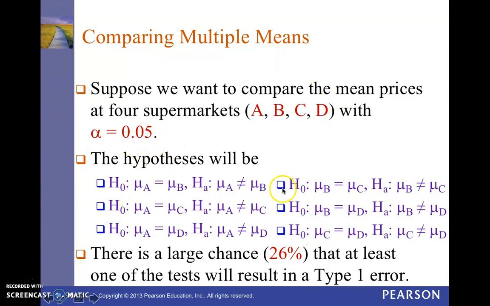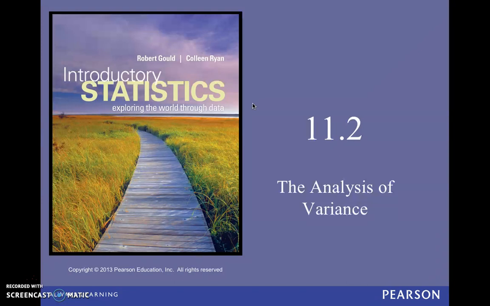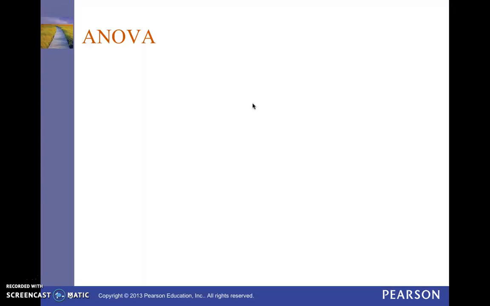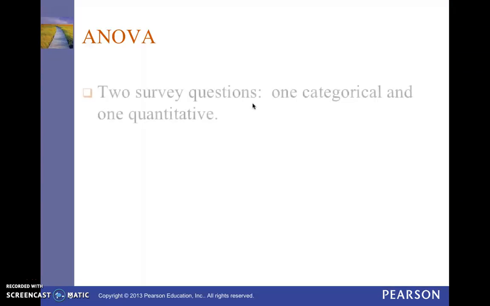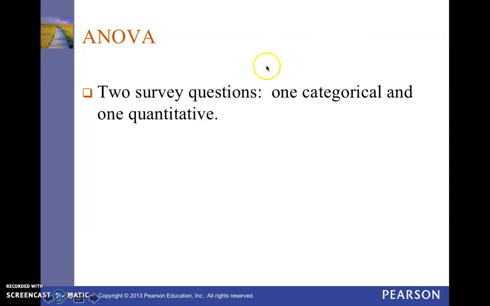So this is really kind of all of what the first part of this chapter is saying to you. Okay, so for that reason, we have to do ANOVA, okay, which stands for the analysis of variance. So on ANOVA, let's suppose, right, that we have some survey data, okay, and one of those variables is categorical. And by the way, this is just another way of saying that we are dealing with groups.